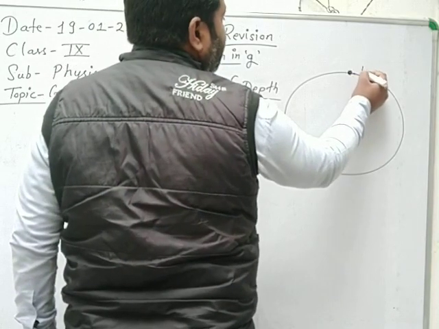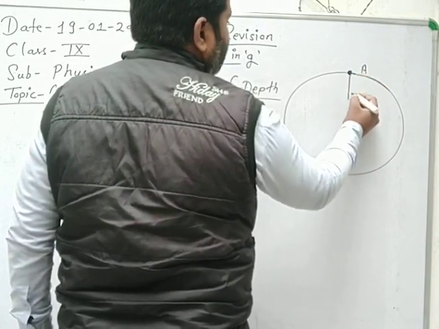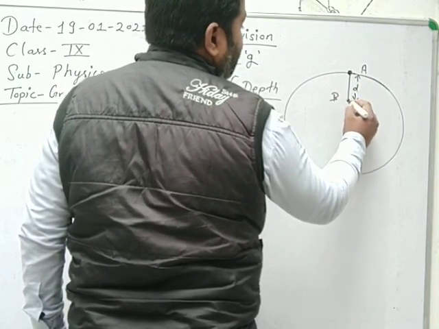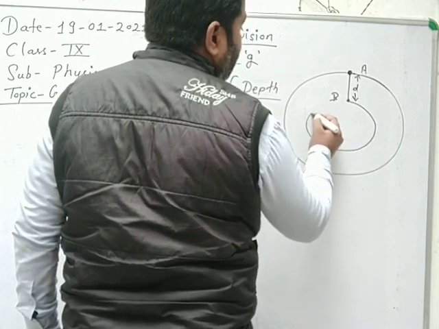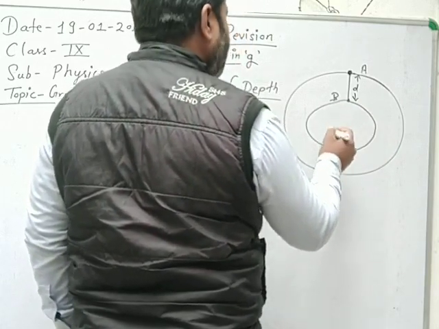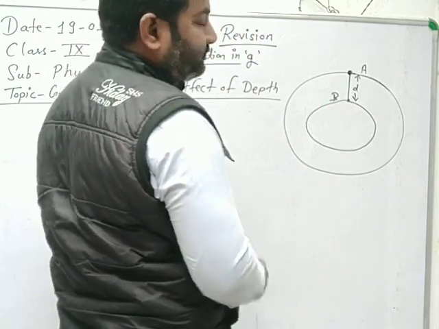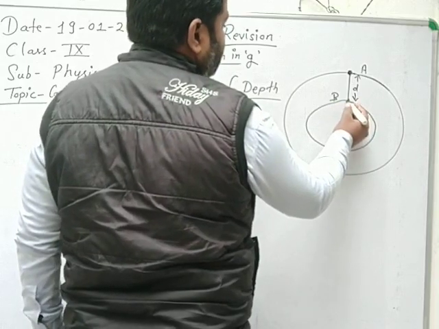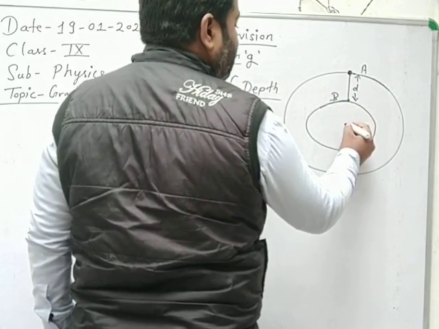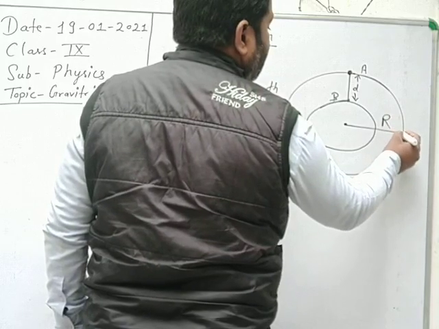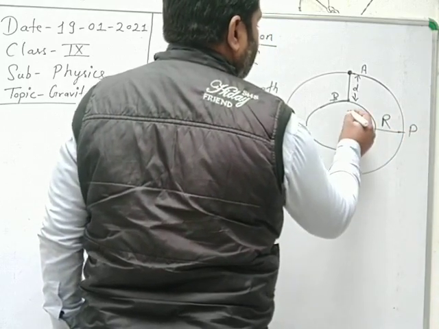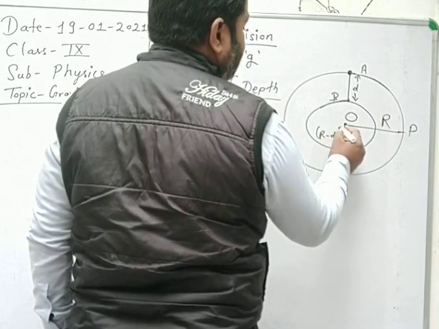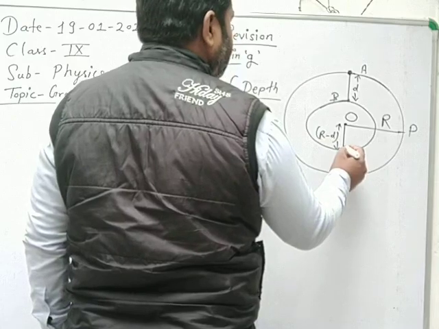Suppose the body is at point A, and after going down to depth d, the body reaches point B. Then, making the sphere concept, the body reached point B, and here the radius is R. And the remaining distance will be r minus d.